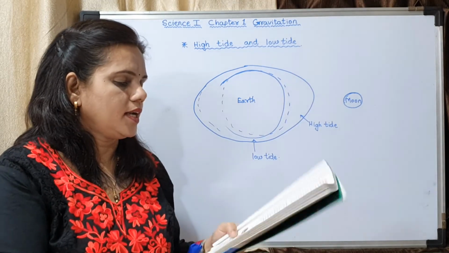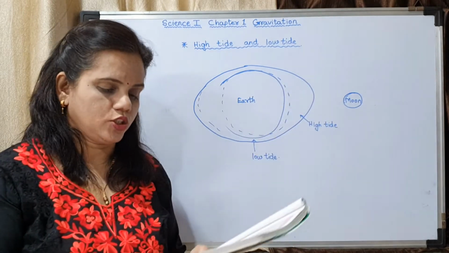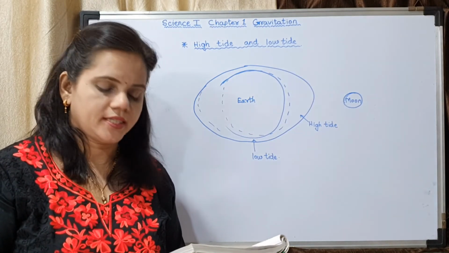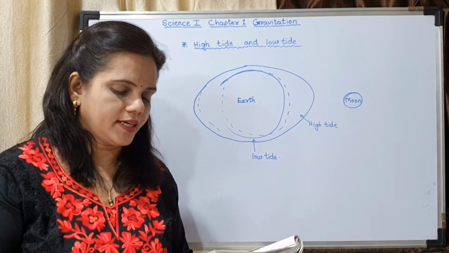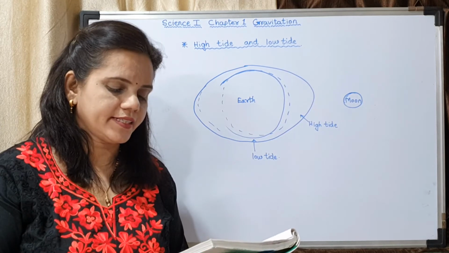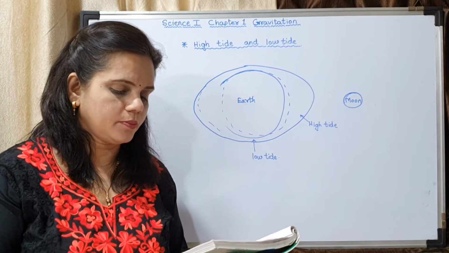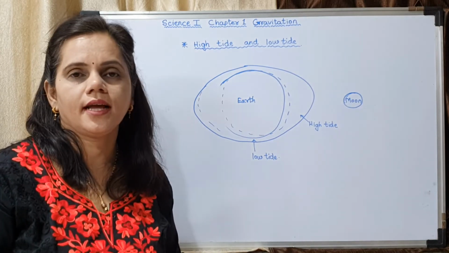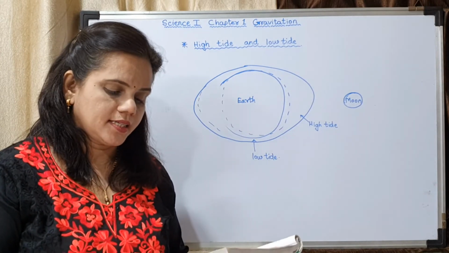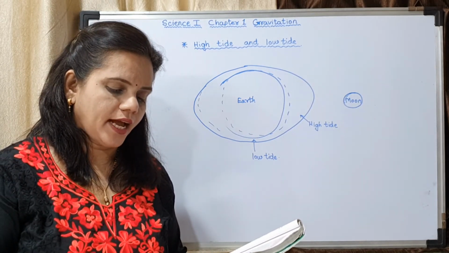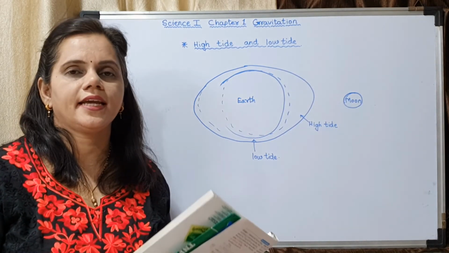Now in the last, the use your brain power question. If the earth attracts an apple towards itself, the apple also attracts the earth towards itself with the same force. Why then does the apple fall towards the earth but the earth does not move towards the apple? The answer is, as the mass of the earth is too large, the acceleration caused is negligible.